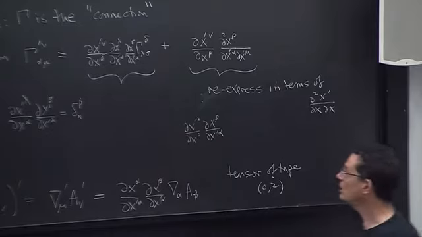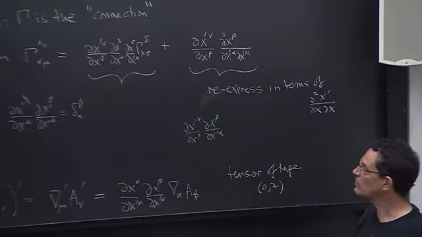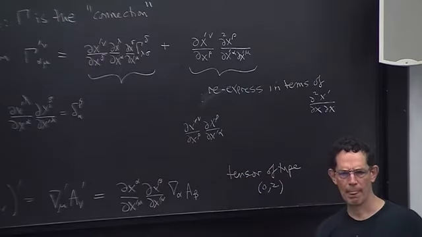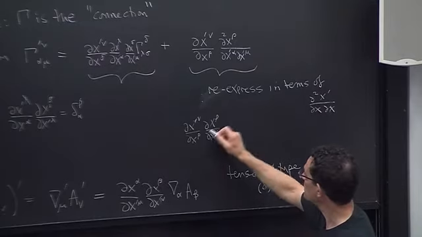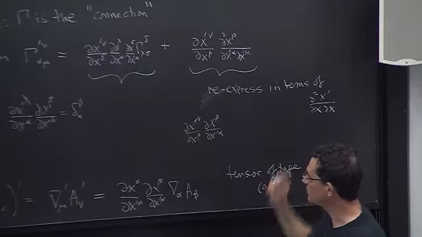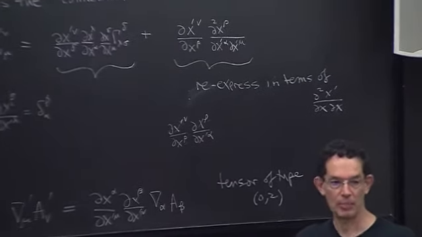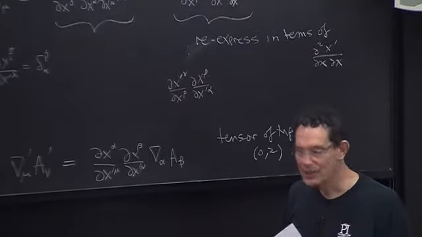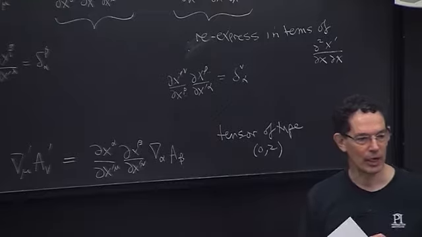Yes, I dropped the mu derivative. So I have this quantity. Now what's that quantity? This index contracts with that, so it's dx prime dx prime. What's dx prime dx prime? Delta, exactly. So this is delta nu alpha, so that's really a simple thing.